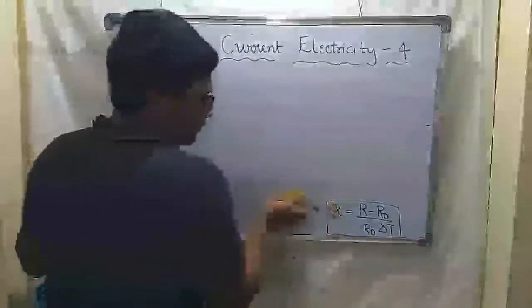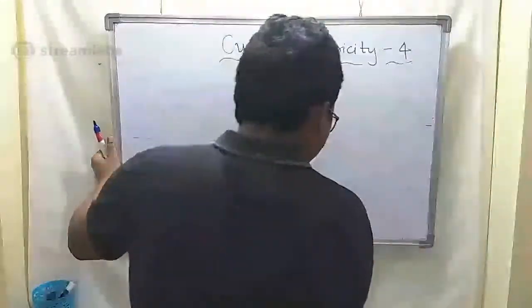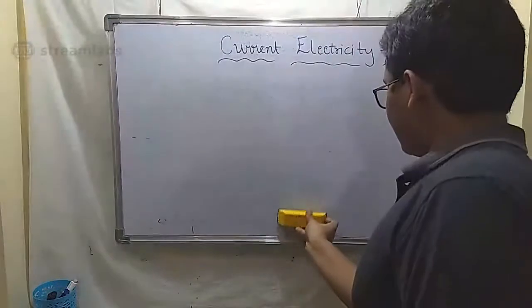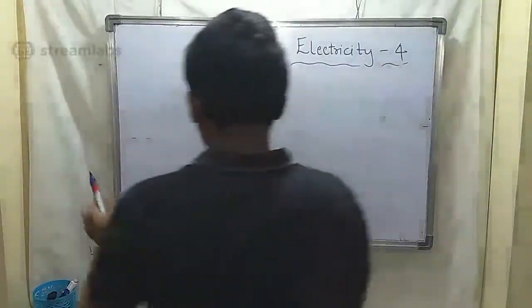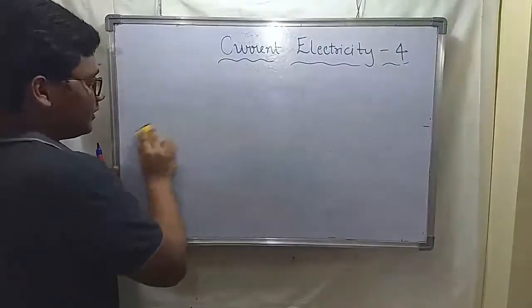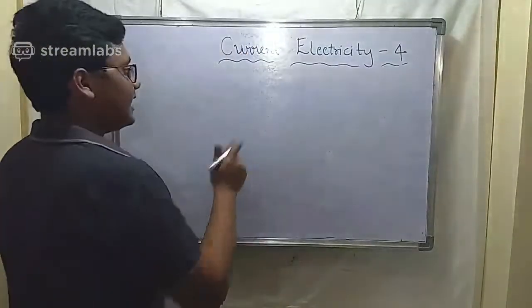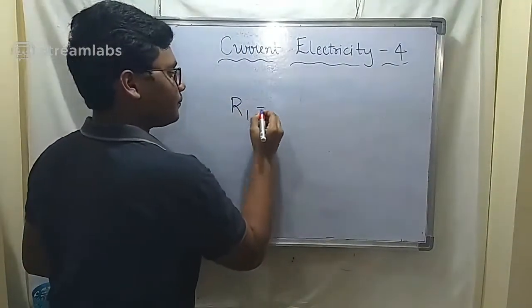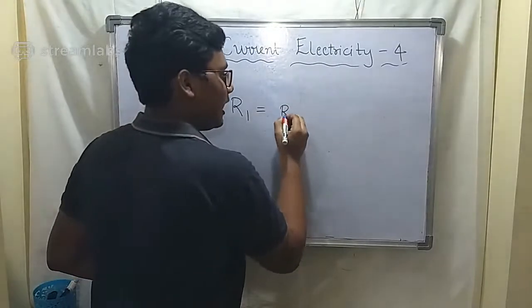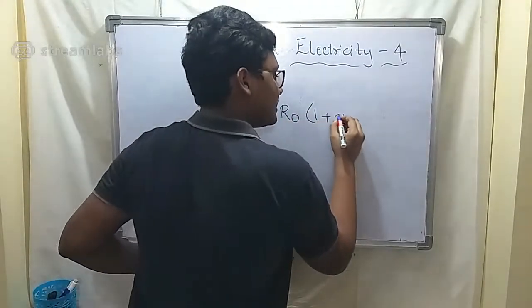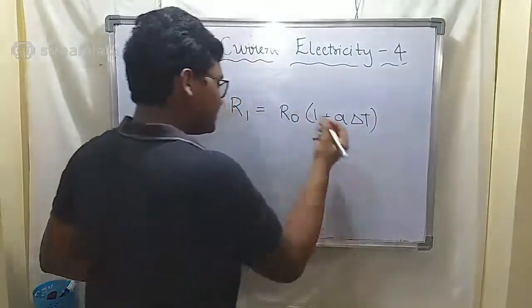We have got this, not derived, we got this experimental data from that, and also we can say that R1 is equal to R naught into 1 plus alpha delta T, which is for numericals.